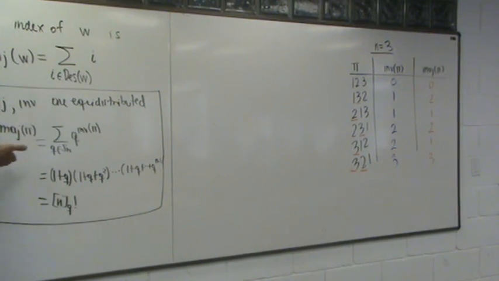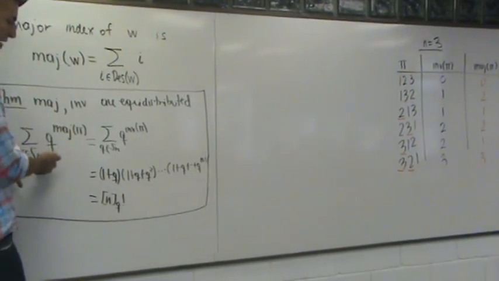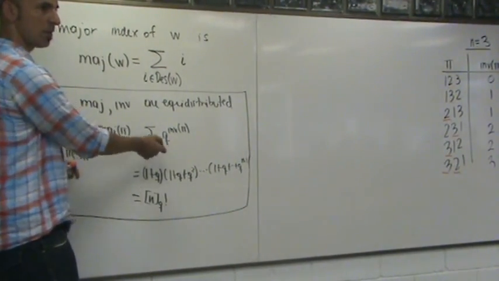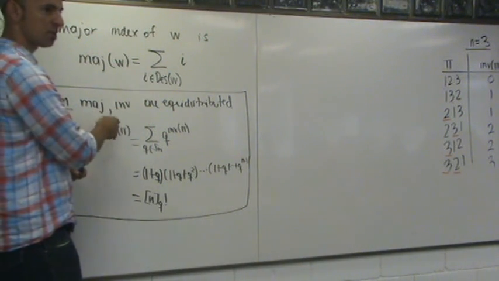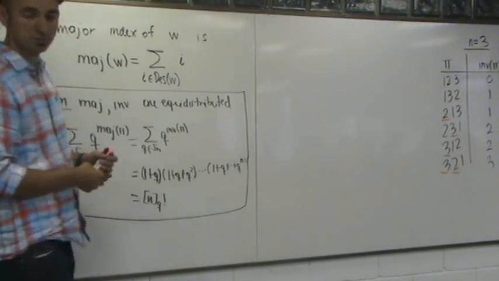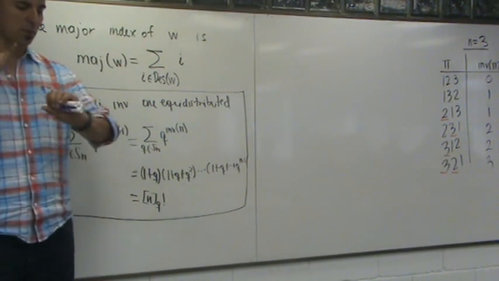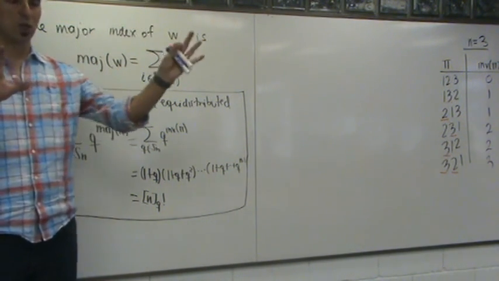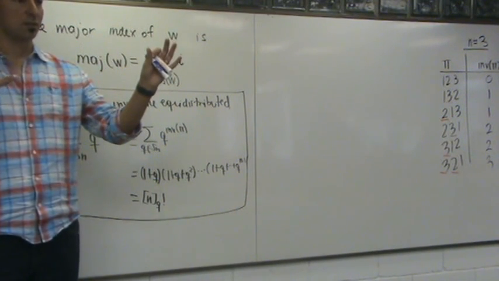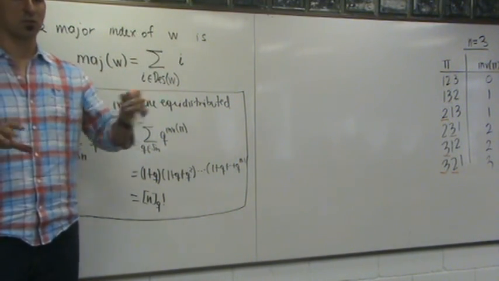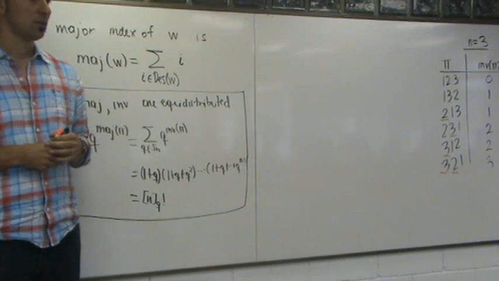Right? So I want to find a bijection from the permutations to the permutations, which sends the major index to the inversions. Okay? So is it clear what my strategy is? I want to give you a rule that given a permutation, I'm going to give you another permutation, and then the major index of this one equals the inversions of this one.